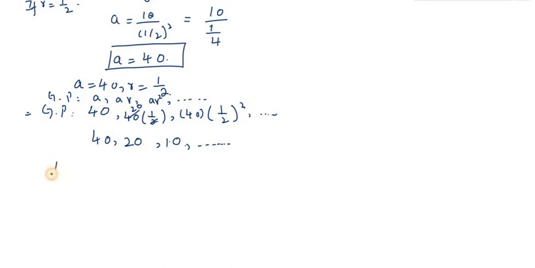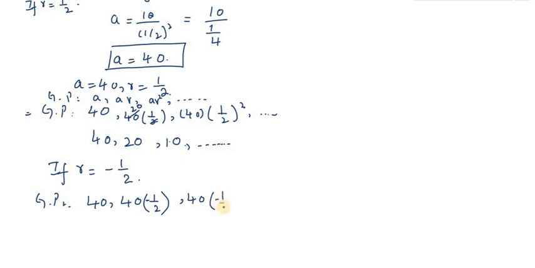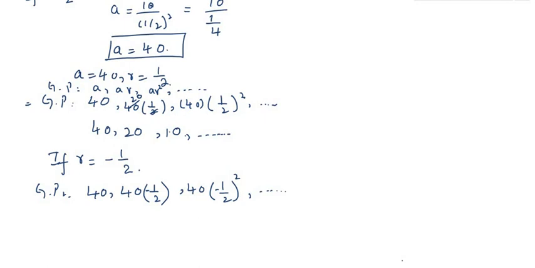And if r is equal to minus half, so we get the geometric progression as a is 40, and the second term is 40 times minus half, r is minus half, and the third term is ar square, and so on. The fourth term is 40 r cube.